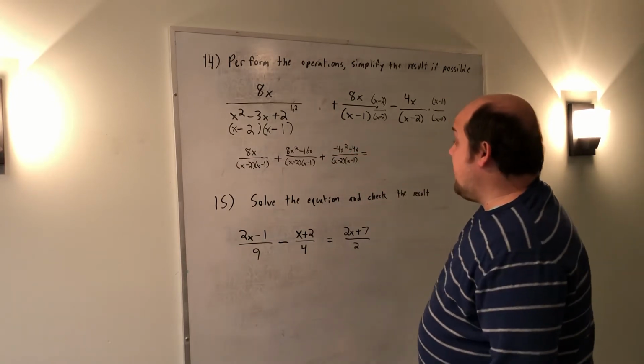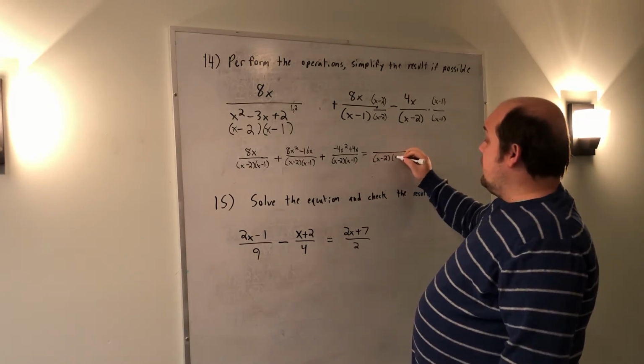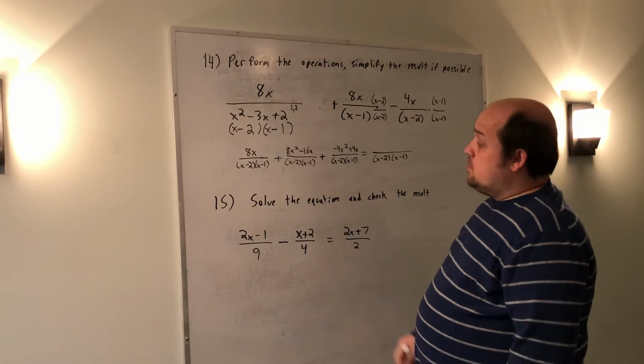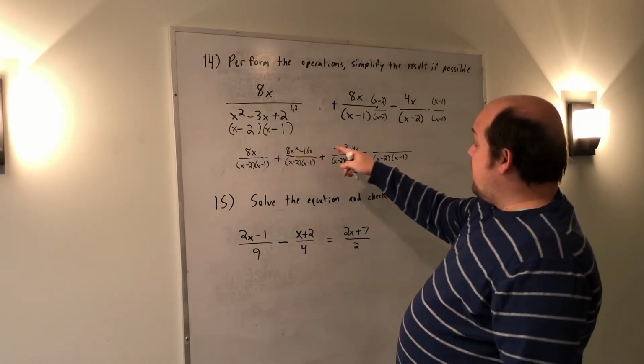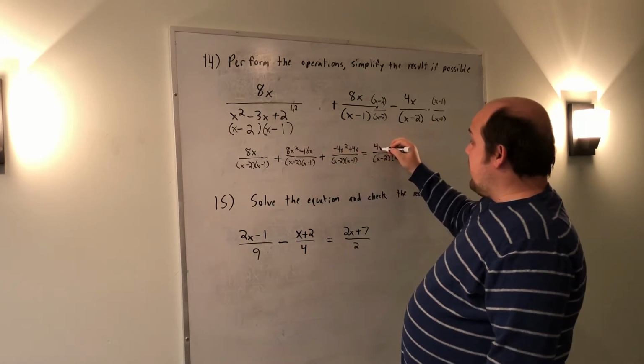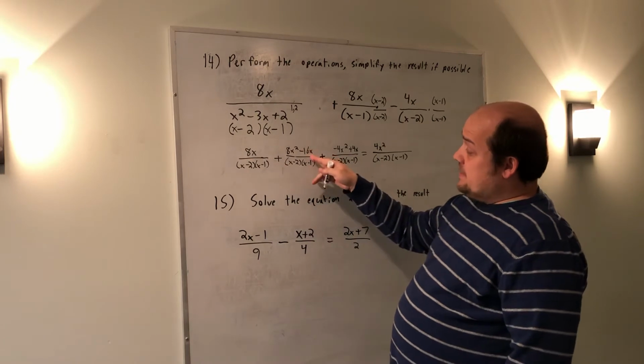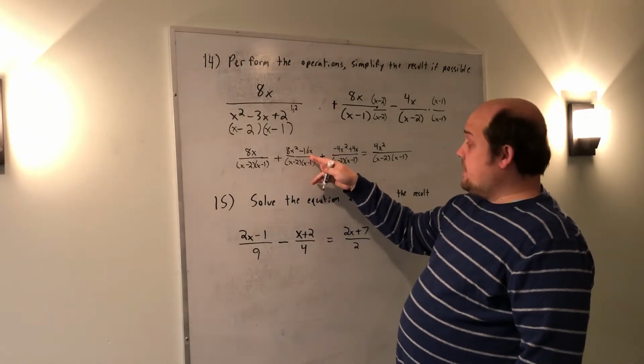Final step is combine like terms on the top and leave it all over this x minus 2, x minus 1. So here I have positive 8x squared, here I have negative 4x squared. 8 minus 4 leaves me with positive 4x squared. Here I have 8x minus 16x gives me negative 8x.